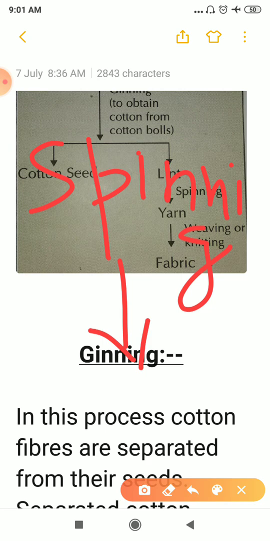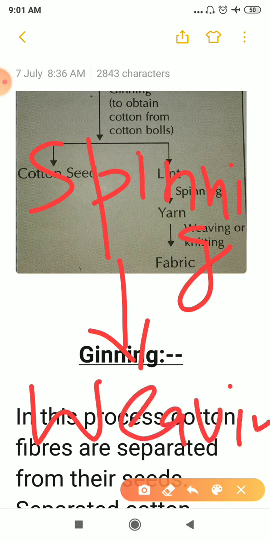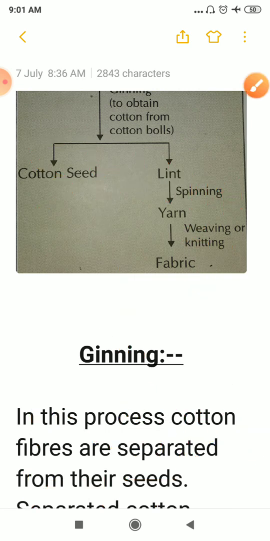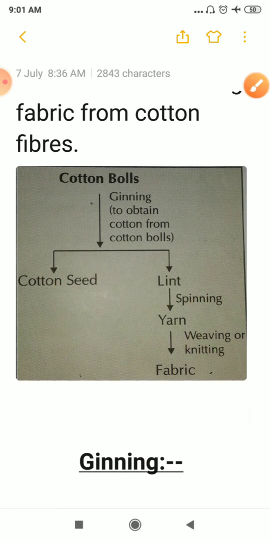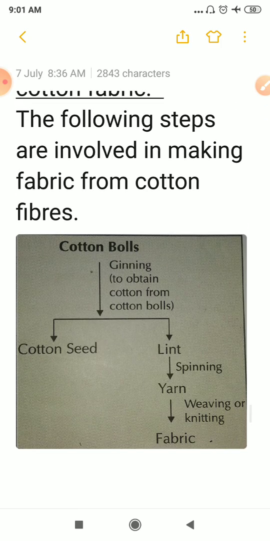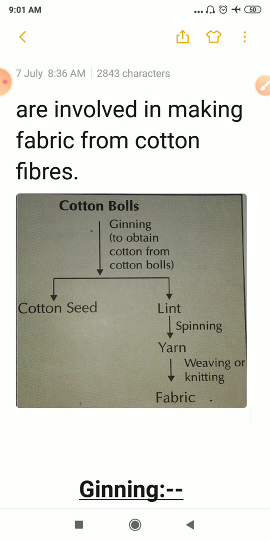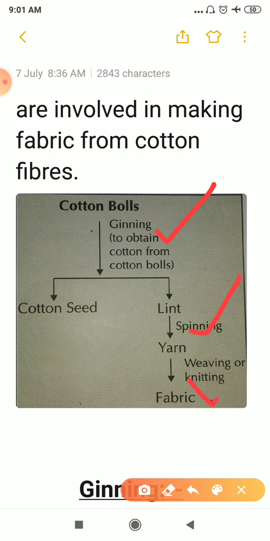After spinning, weaving or knitting. These are the processes involved. These are the steps involved in making fabric from cotton fiber: ginning, spinning, weaving or knitting.